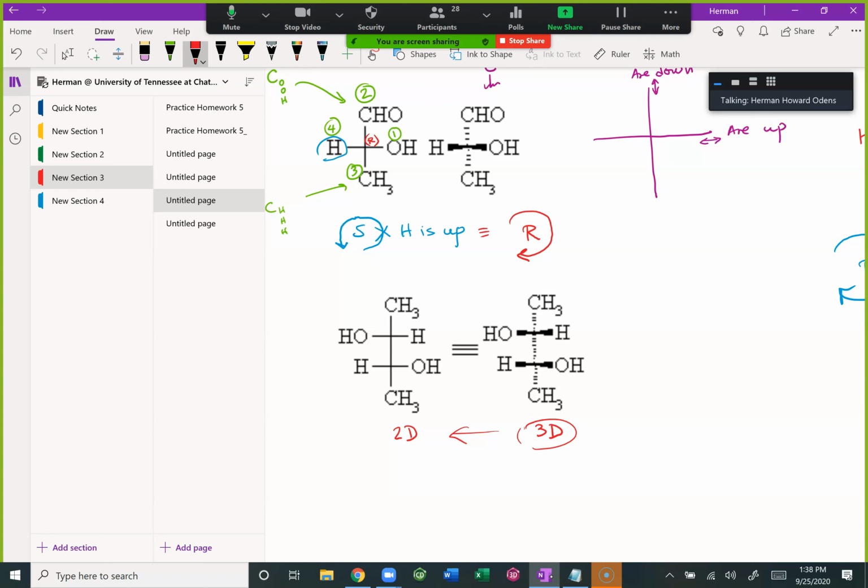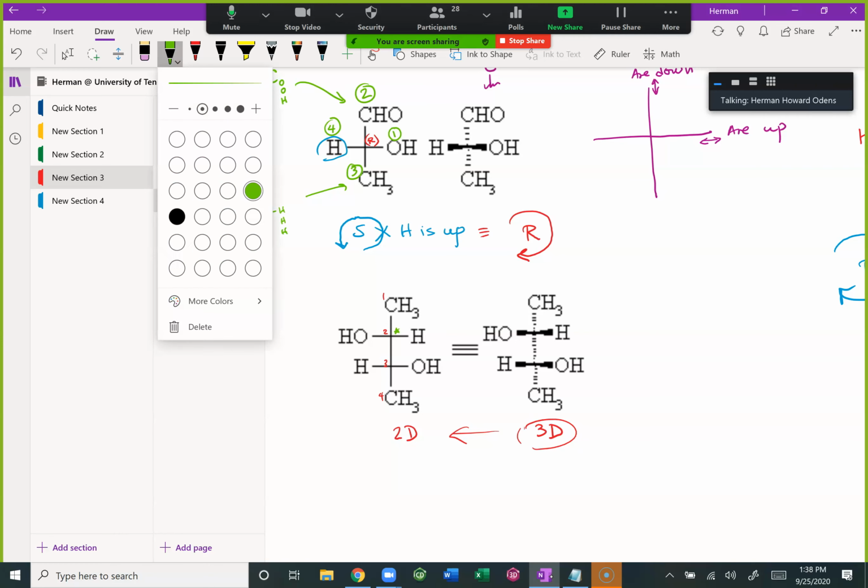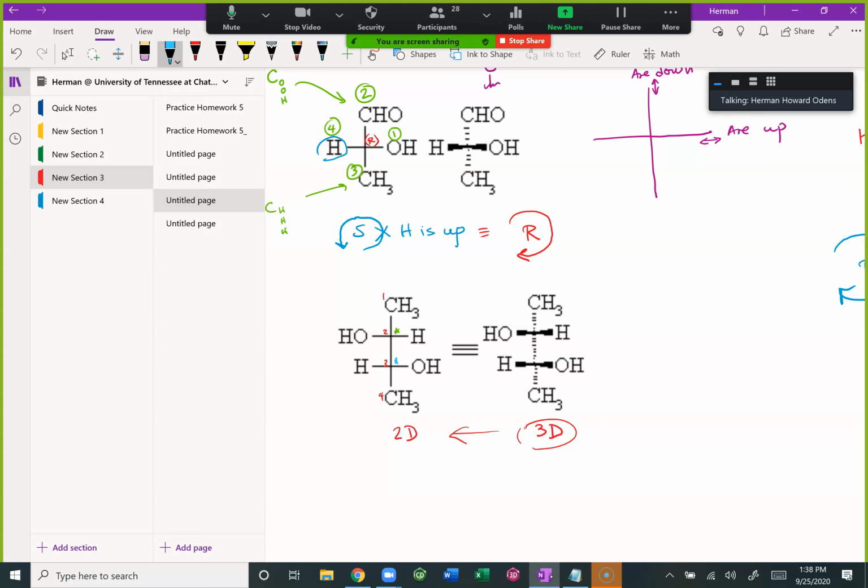Let's do this problem. So notice that I have 1, 2, 3, 4 carbons on this backbone of carbons, and so I can start assigning priorities. What I'm going to do is check this carbon here, followed by carbon 2 and carbon 3, which are my 2 chiral carbons.